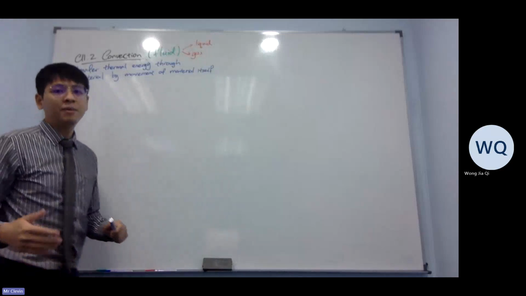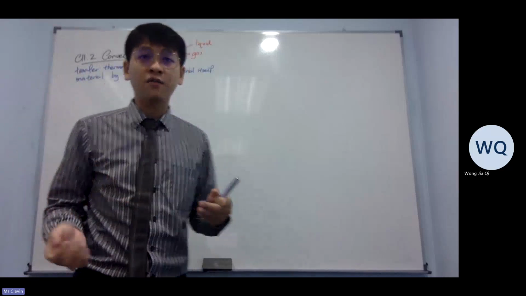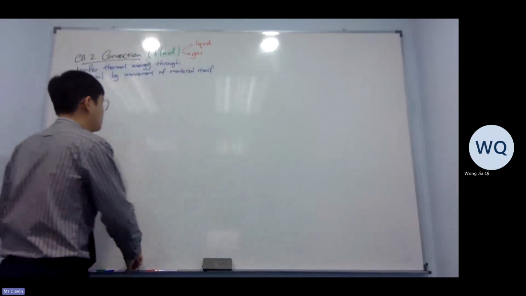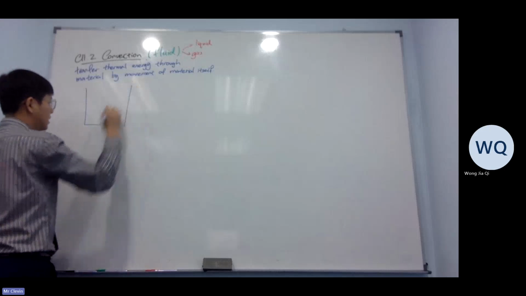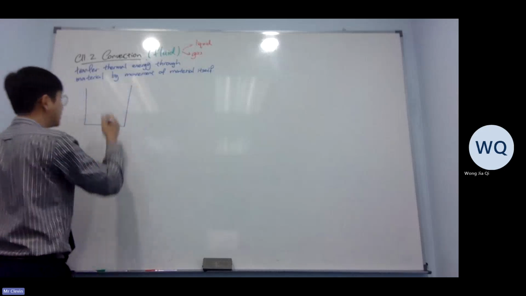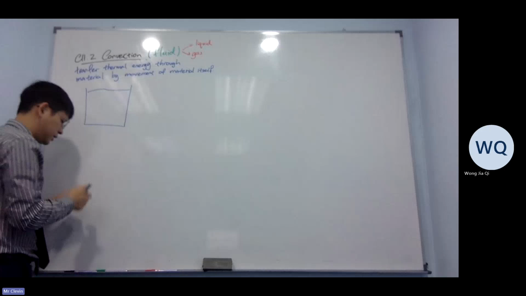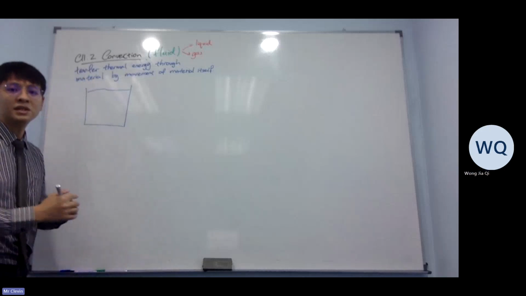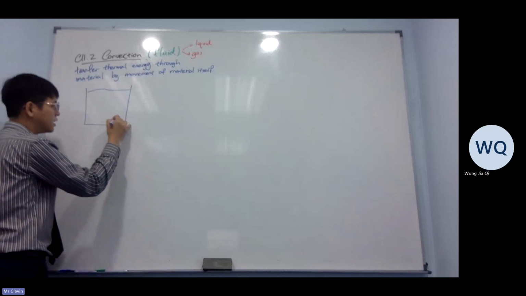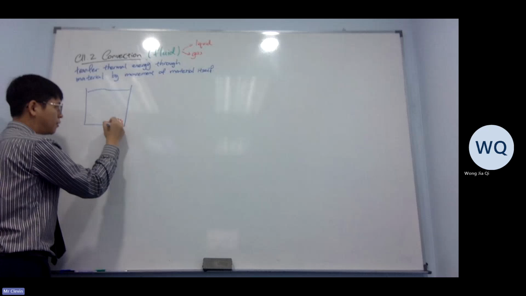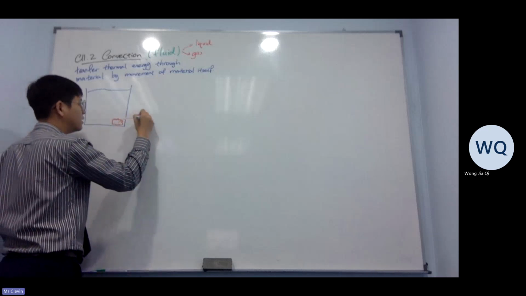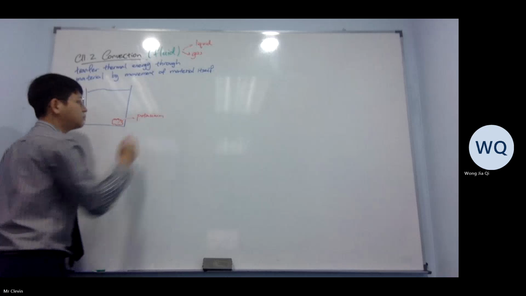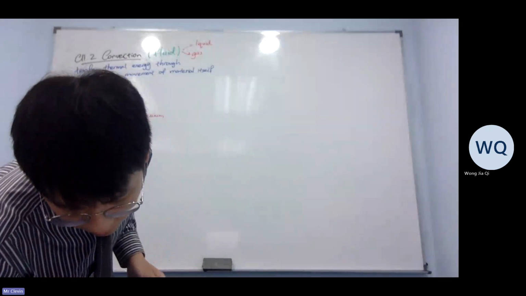A very good example showing convection is an experiment like this. Imagine this is a beaker, and they fill it up with water. At this position here, they will place a component called potassium manganate.